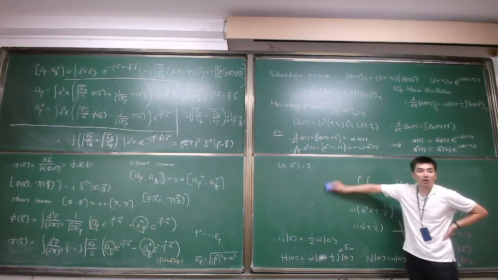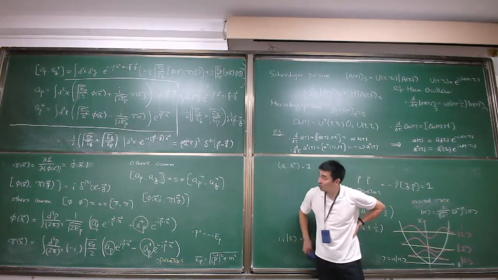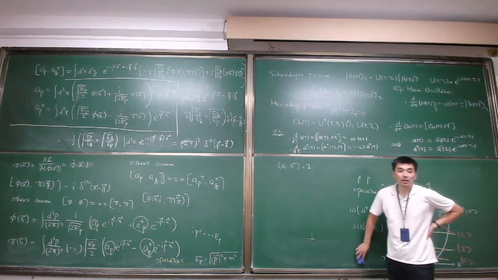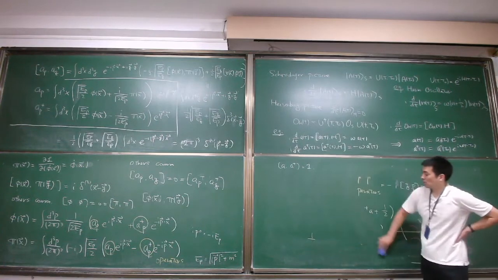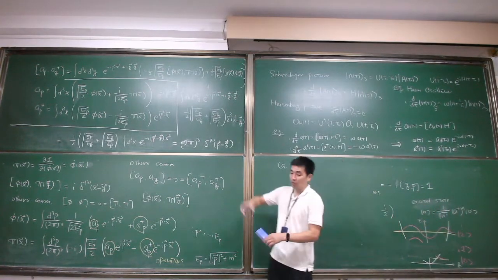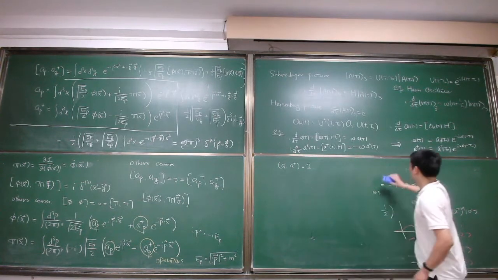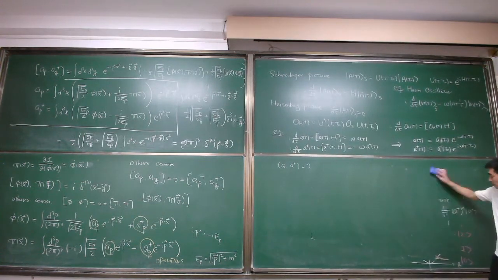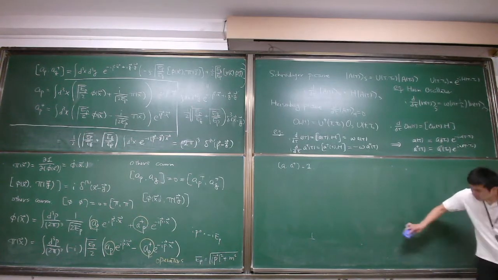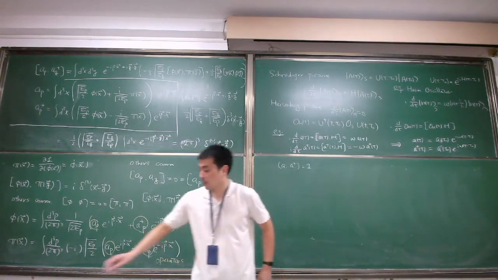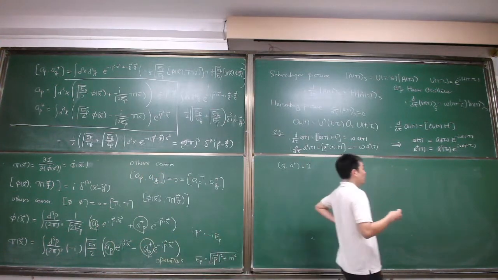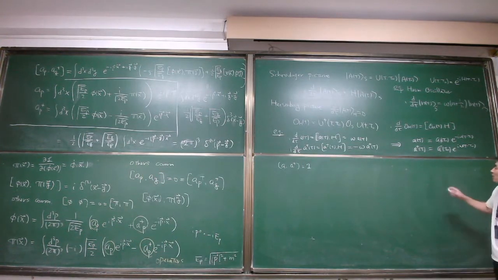And then in the homework, I ask you to do the same thing for the complex free scalar. So you have to do the Fourier transformation like this to derive the commutation relation for the creation and annihilation operators. The complex field phi of x can be understood as phi 1 of x plus i times phi 2 of x.